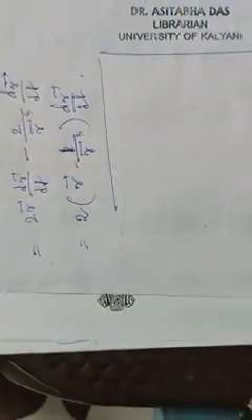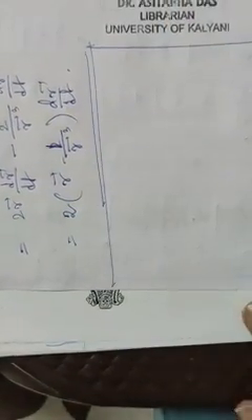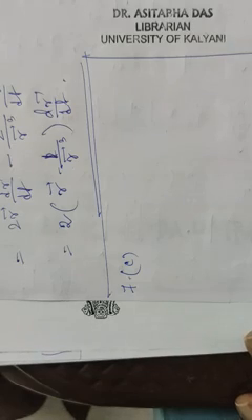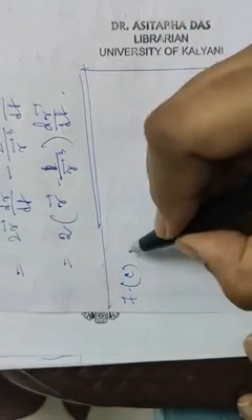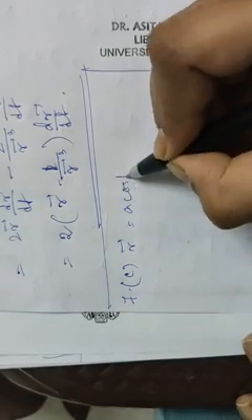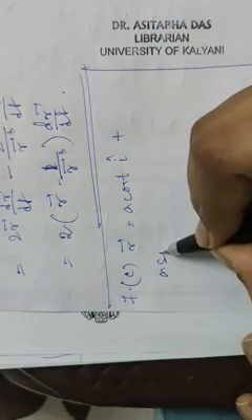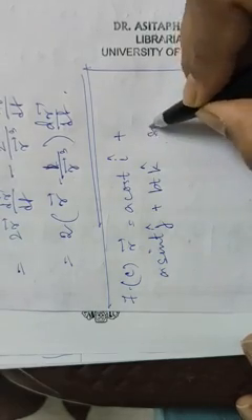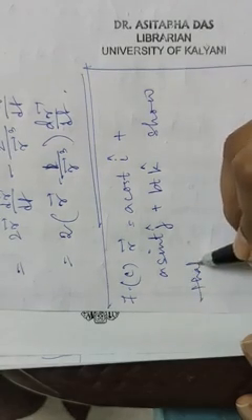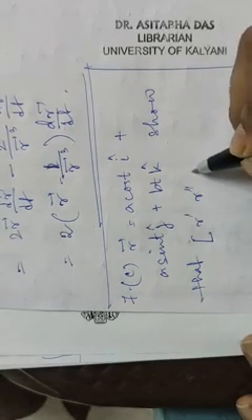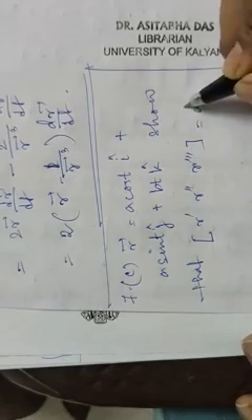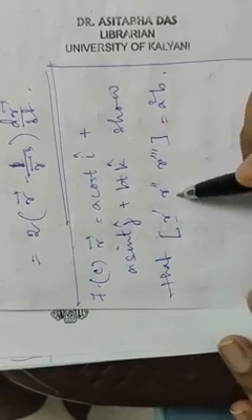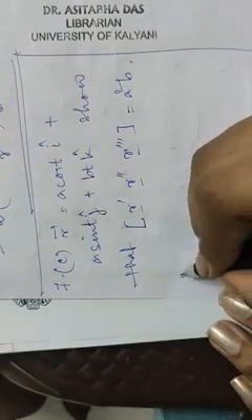Now moving to the next example, question number 7C. If the vector r equals a cos t i cap plus a sin t j cap plus bt k cap, then show that this box product [r dashed, r double dashed, r triple dashed] equals a²b. So at first we need to find r dashed, r double dashed and r triple dashed. Let's find them out.